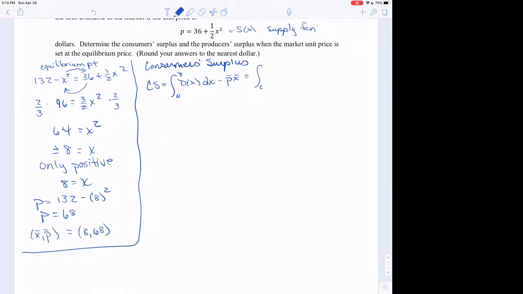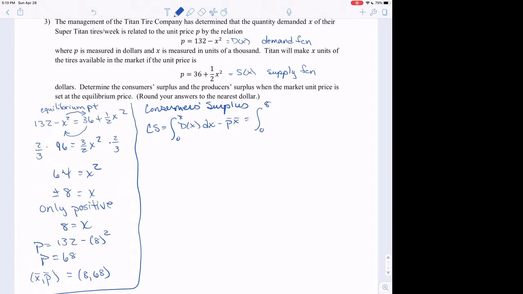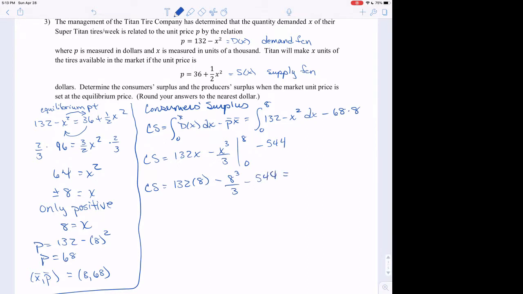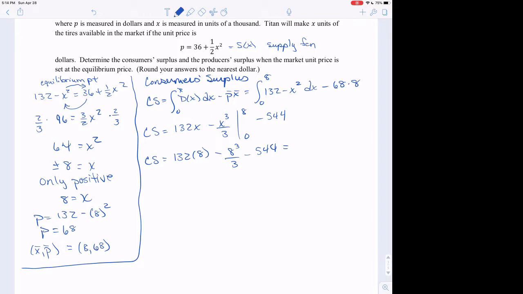So this is the integral from 0 to 8 of 132 minus x squared dx minus, what is it, 68 times 8. So CS equals 132x minus x cubed over 3, evaluated between 0 and 8, minus 544. So consumer surplus equals 132 times 8 minus 8 cubed over 3 minus 544. Plugging that into our calculator, we get 341.33 with a bar over it. All right?